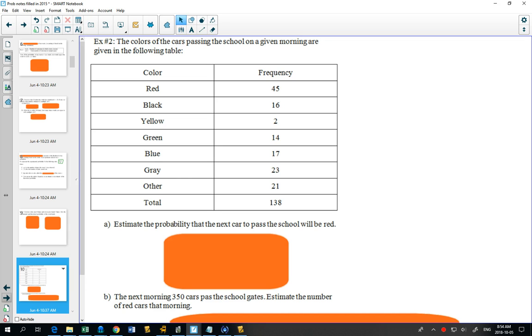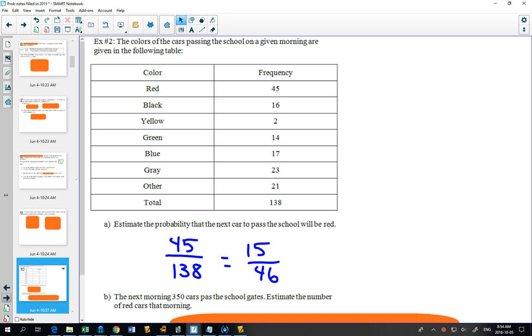Estimate the probability of the next car to pass to be red. Well, according to his experiment, there were 138 cars that went by. 45 of them were red. That reduces to 15 out of 46, which is just under 33%.